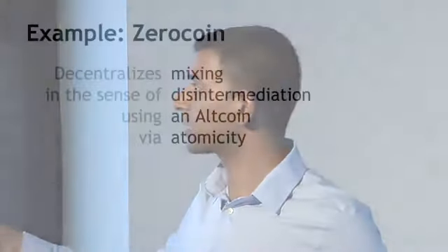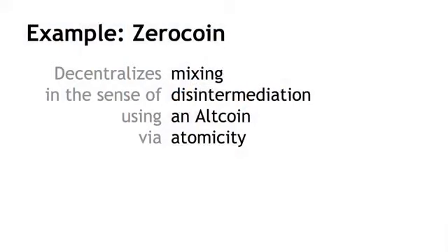Let's look at more examples. In fact, we can even consider ZeroCoin, for example, which we saw in a previous lecture through this lens. So ZeroCoin is a way to decentralize the notion of mixing. Instead of having a centralized mixing service where you put in your coins and just hope that you get it back, it's decentralized in the sense of disintermediation. There is no mixing intermediary anymore. The mixing is accomplished purely through cryptography. You don't need to trust anyone. It's enforced just by math and by consensus.